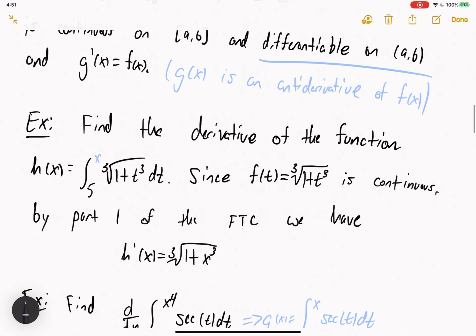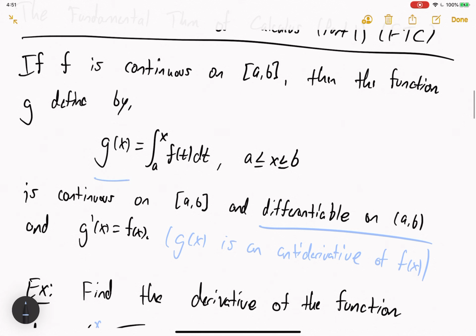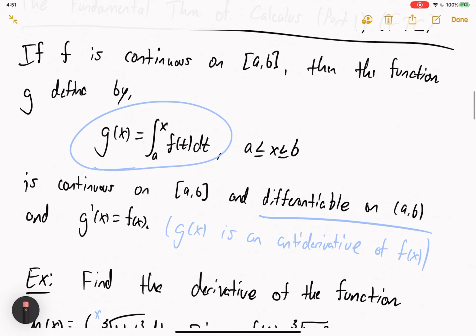Part 1 basically says that if we find the area from a to x of f of t dt, this function is also an antiderivative. That's pretty awesome, actually. It allows us to differentiate a lot of functions and find good representations for them.